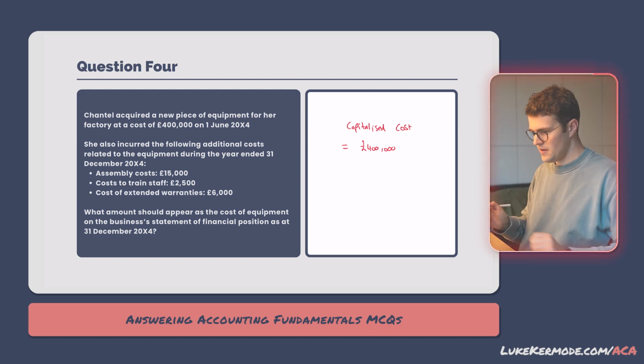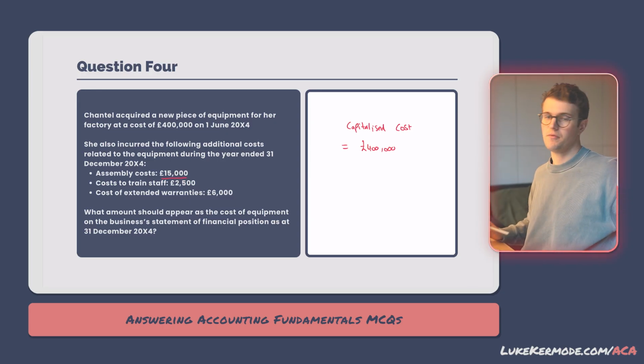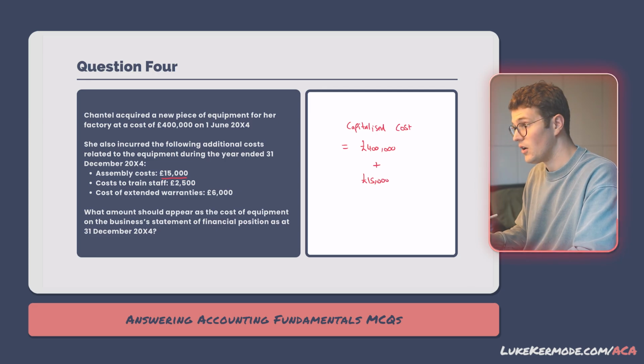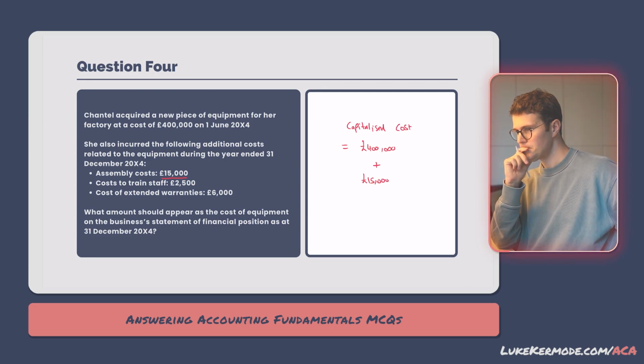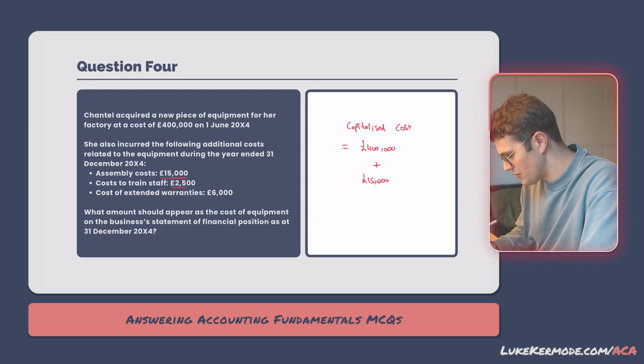Next, let's consider the £15,000 worth of assembly costs. Well, these are definitely necessary to get the equipment into working condition. We need to capitalize those assembly costs then. So we add on 15,000 of assembly costs. They're directly attributable and definitely need to be included. Next, let's look at the training costs, so £2,500.